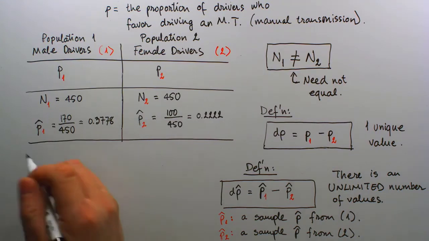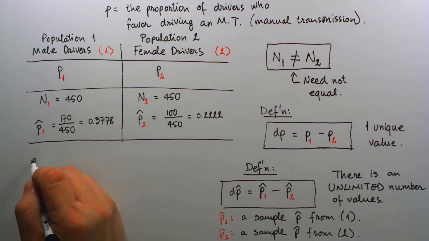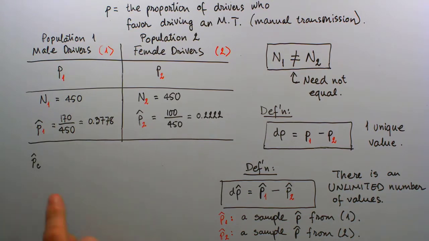As I said earlier, the subscript c means combined. So this p hat is a sample proportion, and we can think of it as a combined sample proportion.